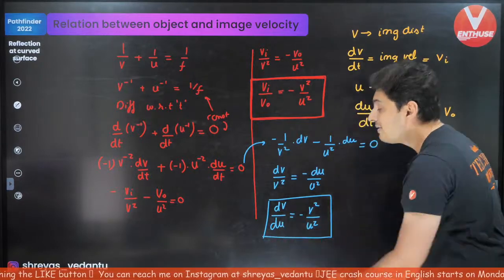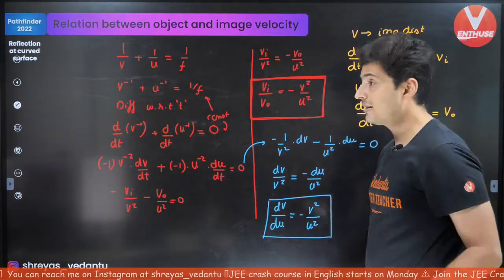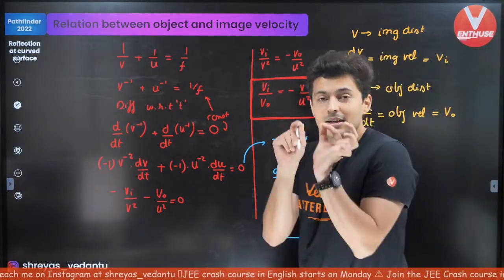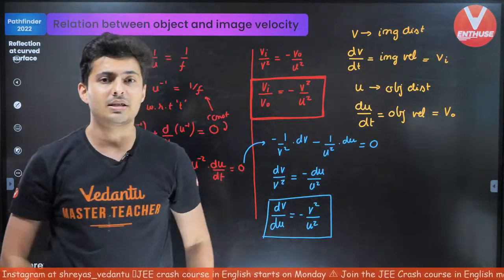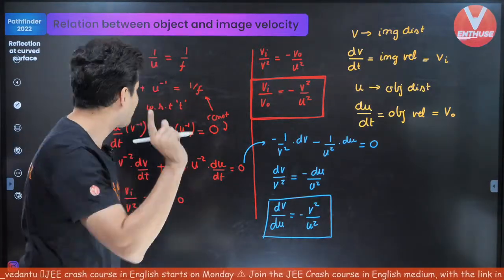But this dv by du is a very interesting thing. dv stands for the change in the image position. du stands for the change in the object position.